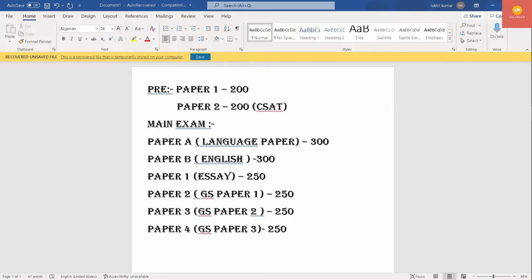This paper also consists of 250 marks. Now another paper which we have, paper 5, known as General Studies paper 4. As you know, in UPSC exam there are 4 GS papers. GS paper 4 also consists of 250 marks.